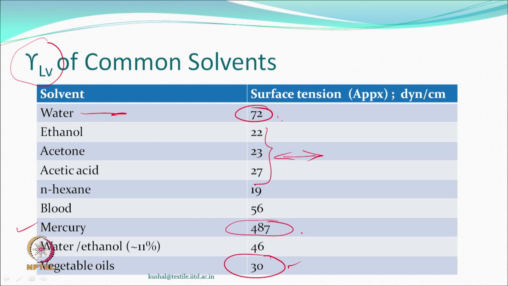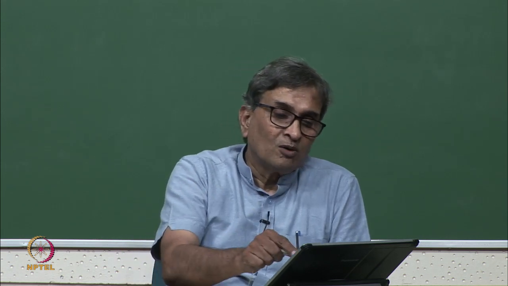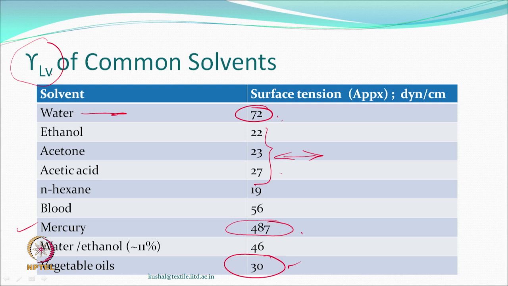Now, if this type of solvents are put on the silicon treated, silicon finished textile, they will just spread, because their own surface tension is relatively low.